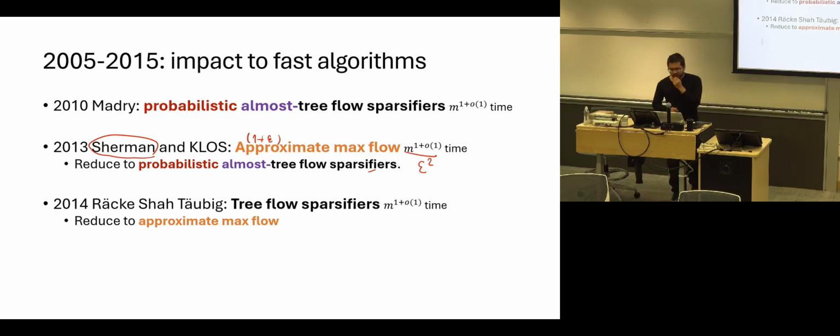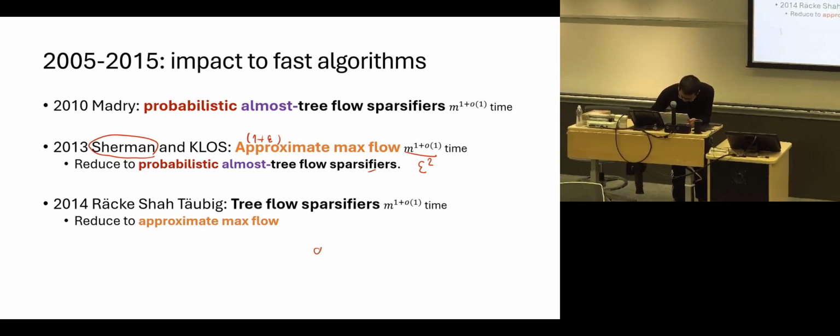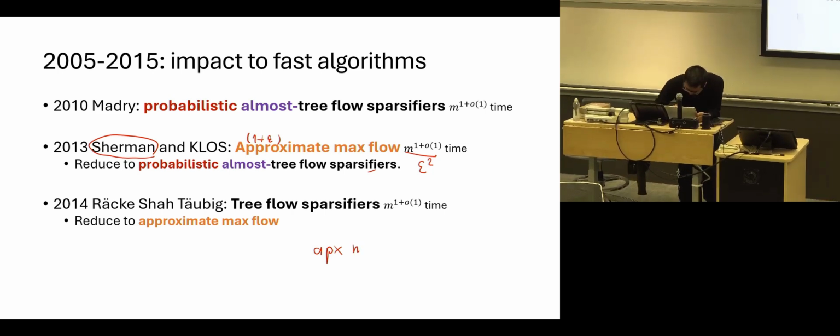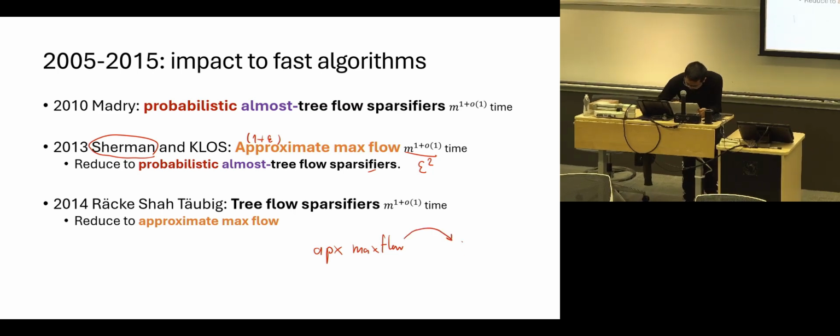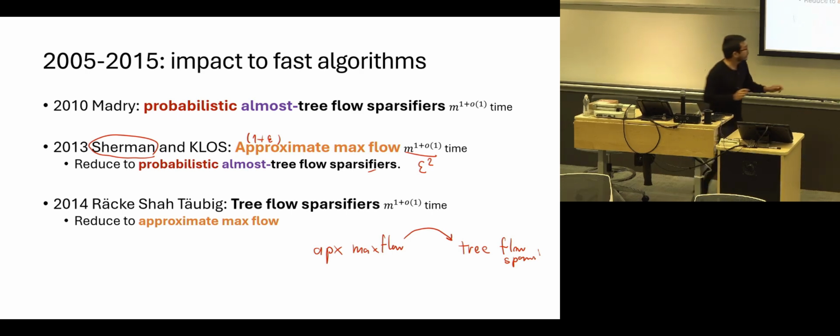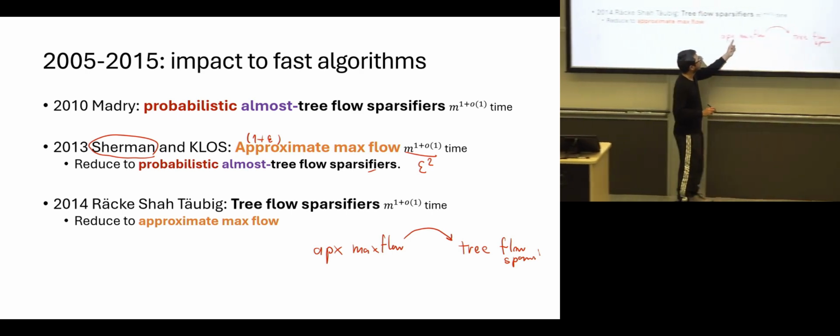But what's going on now is that approximate MaxFlow is kind of reduced to tree flow sparsifier.